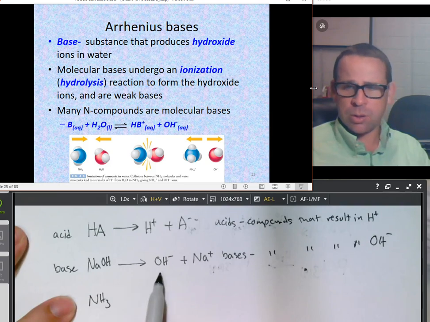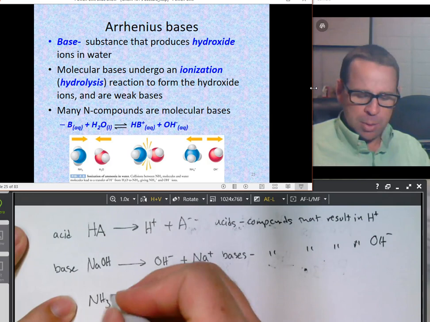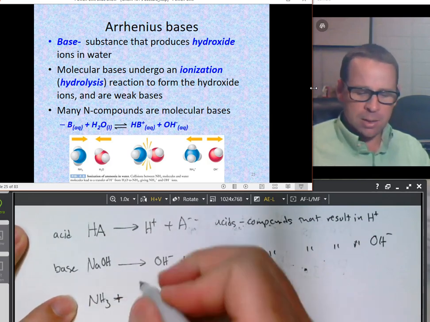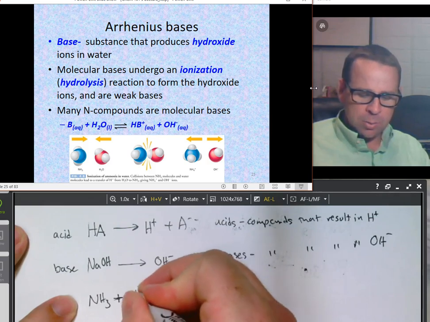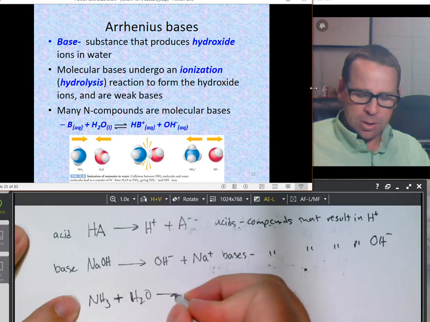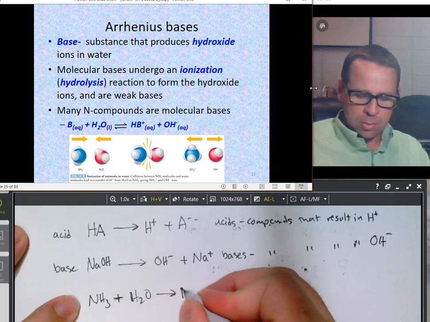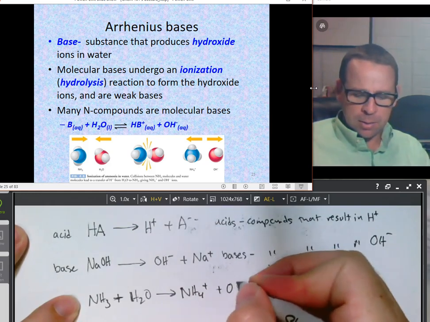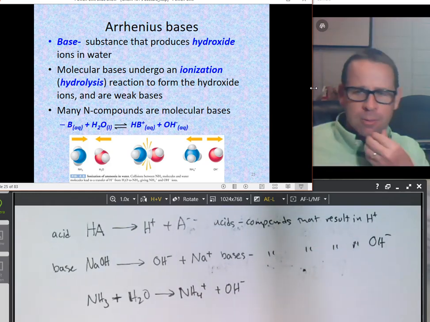So how in the world is it going to release a hydroxide ion? Well, some bases don't release a hydroxide ion themselves, but they interact with water, and they take a hydrogen ion and leave behind the hydroxide ion.